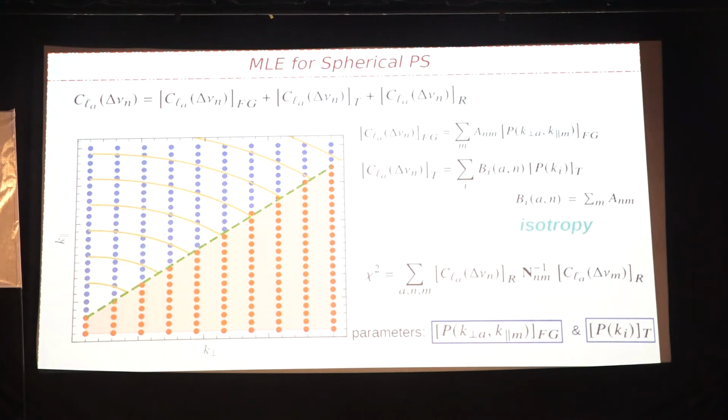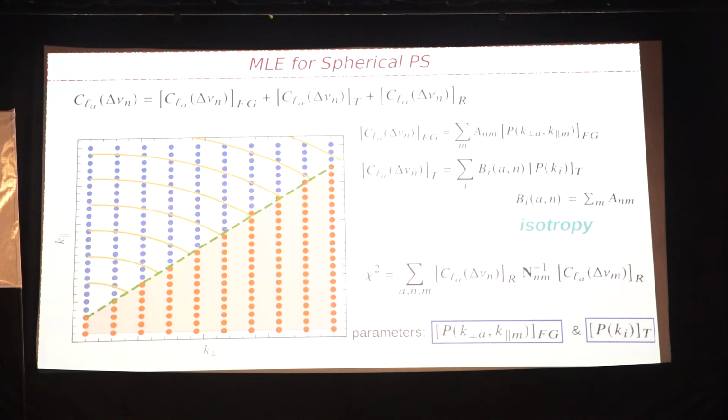The first term is the foregrounds, which we model using these modes, which we expect to be dominated by foregrounds. So this is this equation. And the second term is the 21 centimeter signal, which we model using these modes from the 21 centimeter window. We divide this region into spherical beams and consider a constant power in each of the beams.